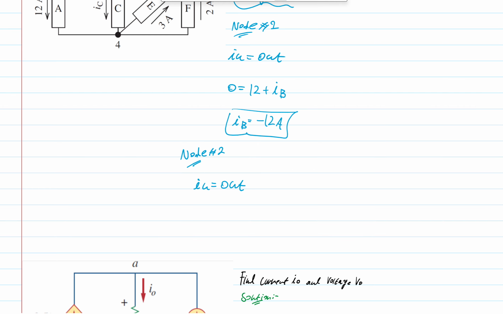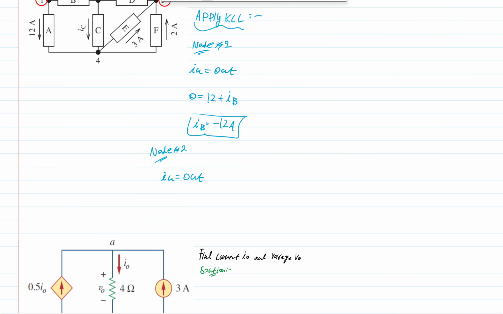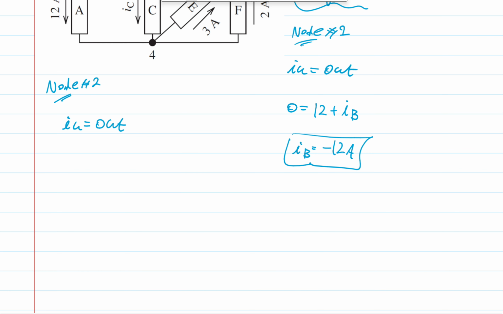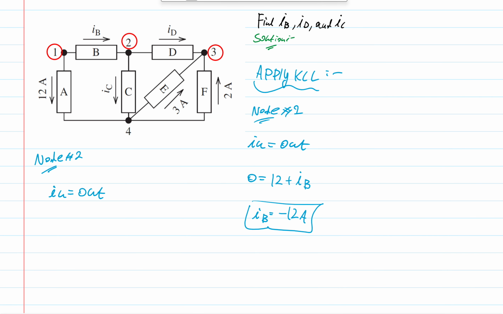Let's look at node number 2. I know that IB is going inside. I know IC is going out. I know that ID is going out.